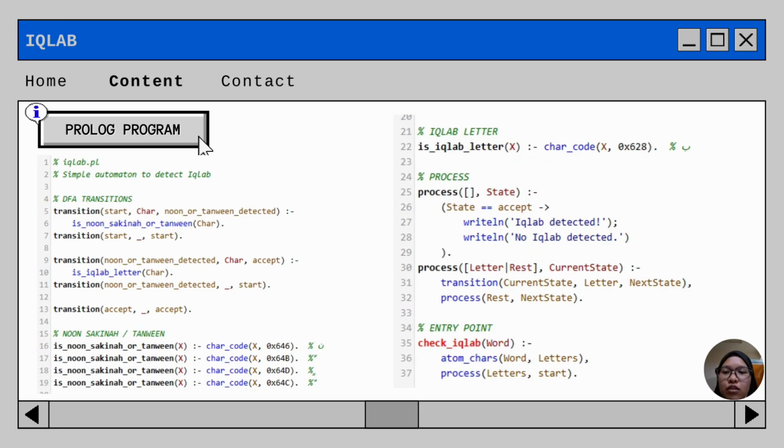Then the process block. This is where the word is read one character at a time, recursively updating the state at each step. When no characters are left, it checks the final state and prints either IQLAB detected or no IQLAB detected. And lastly, the entry point. Check IQLAB takes an Arabic word, converts it into a list of characters, and starts the automaton from the start state.